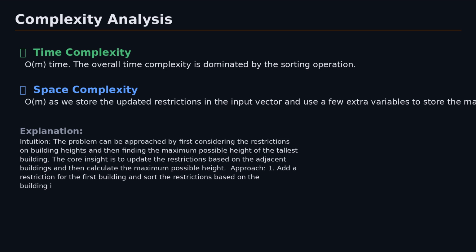Finally, we calculate the maximum possible height for each building, with a for loop that iterates through the restrictions, and returns the maximum possible height.